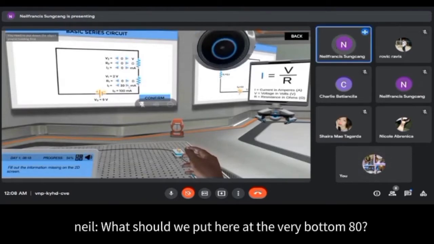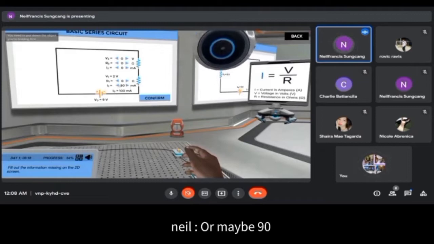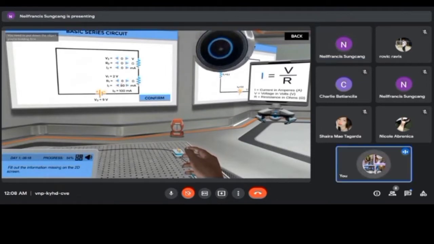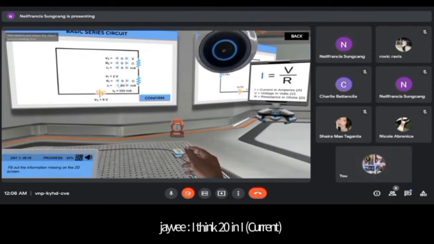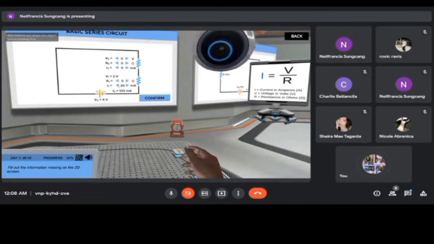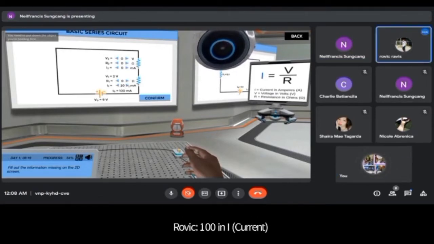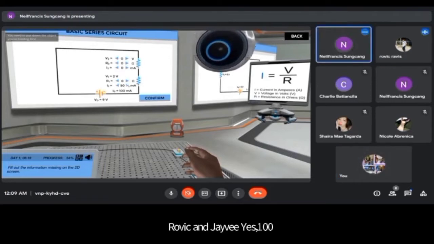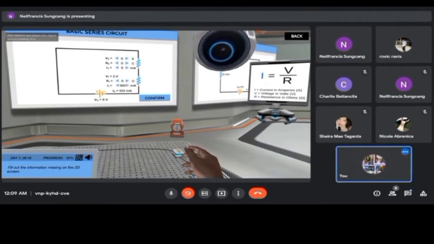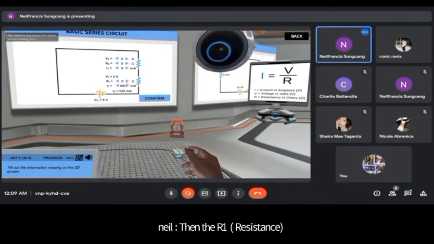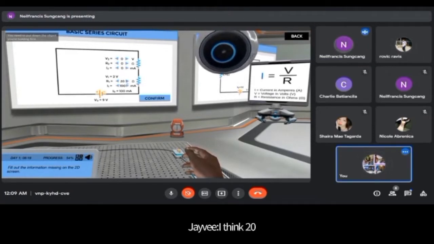Ano dito sa pinakababa? 80? 80 ba or 90? 20 ata. Isa. I1, okay. Tapos ang R1, hindi, eh, 100. 100 dun sa I1. Yan, 100. Tas yung R1, 20 yata. 20.